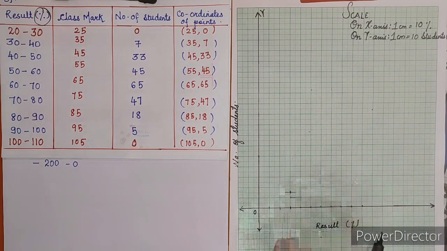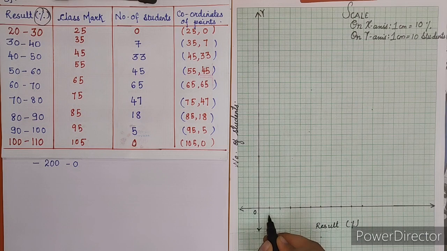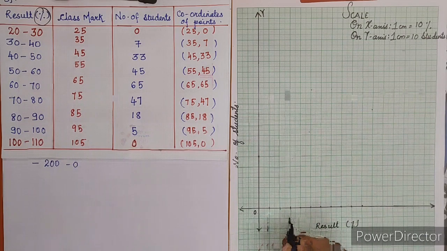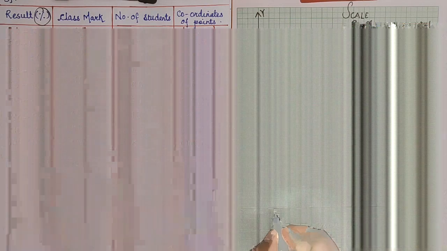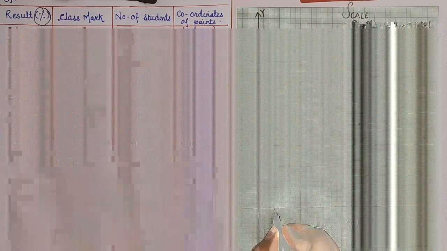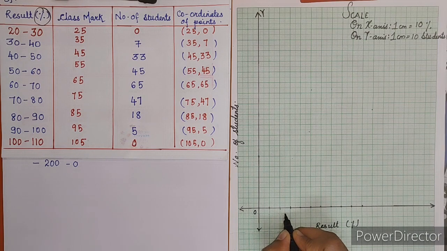We have taken the scale of 10. So after 0 this will be 10, 20, 30, 40, 50. But the middle term here will be 15, 25, 35.